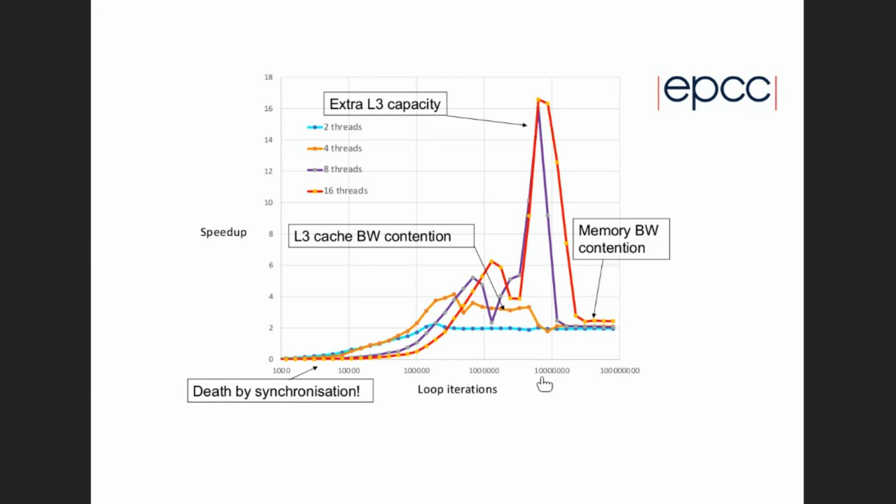So there's a particular range here where my data fits into 2 L3 caches, but not into 1 L3 cache, and I get a massive boost in performance from that. But that doesn't persist. As soon as I go outside the capacity of those 2 L3 caches, I'm back down to not much more than 2.